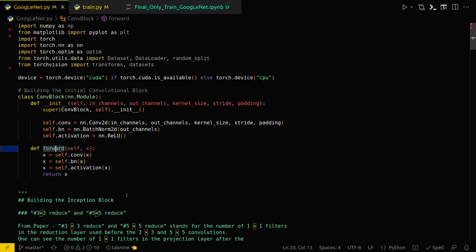And finally, in the forward function, I'm doing a regular thing here: I'm invoking these three layers one by one, and the output of the first layer is the input to my second layer, and the output from the second layer is the input to my third activation layer, and the final activation layer output is my final return from this class.